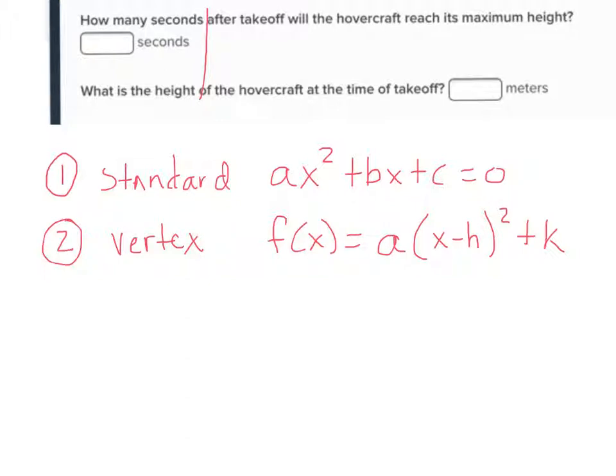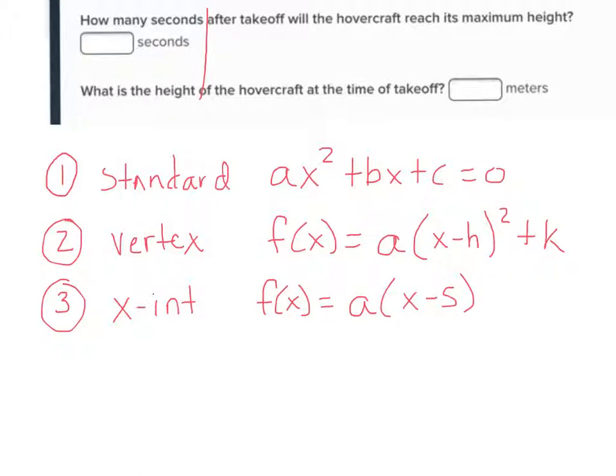And the final form is x-intercept form, and it's f of x equals a times (x minus s) times (x minus t). So those are the three forms of quadratic equations: standard, vertex, and x-intercept.